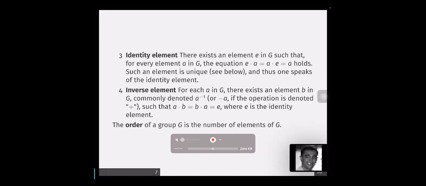So for example, if A is a member of the group G, and you multiply A with the identity element, whether it is E dot A or A dot E, it should give you A. Okay, so that's the identity element, and it should be unique.